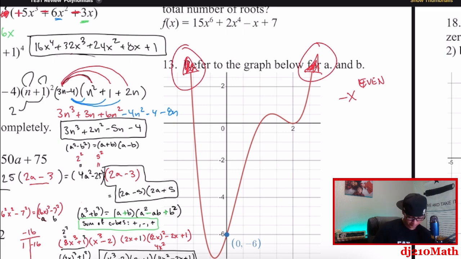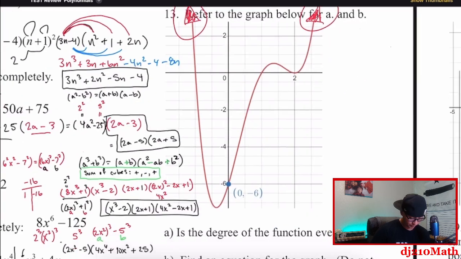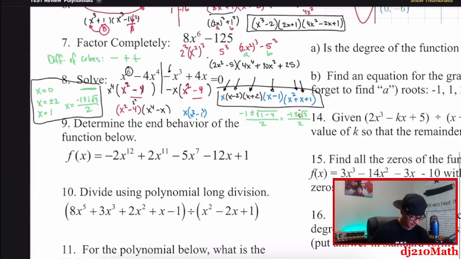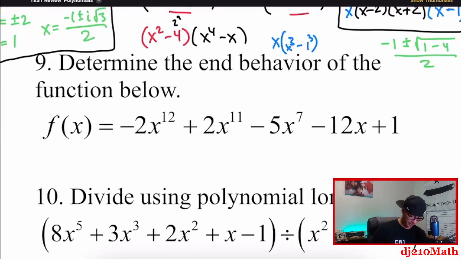They would open downward. So with that being said, number 9, the end behavior, so this is an even number.